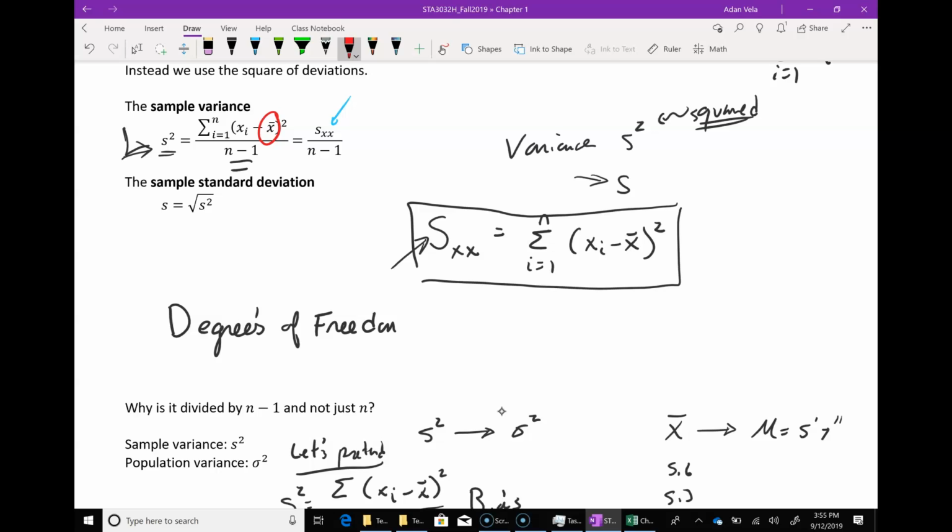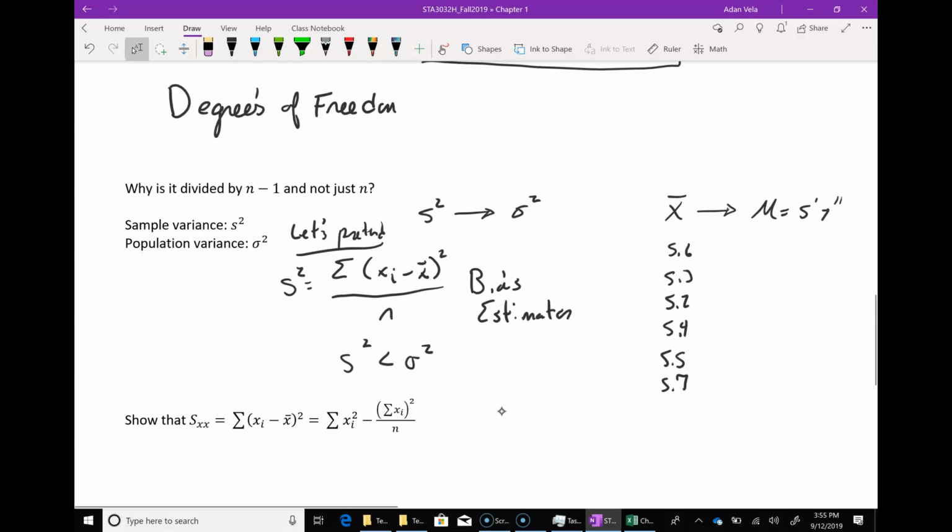You don't actually have 100 data points of knowledge, you have 99, because you had to use up some of that knowledge to figure out x bar. I might be bad at explaining that logic because I don't get it. So maybe you can look at the book, which might even discuss this argument. But I think the bias is a better and stronger argument, which is to say, if we were to just divide by n, we would underestimate the population variance, the spread.